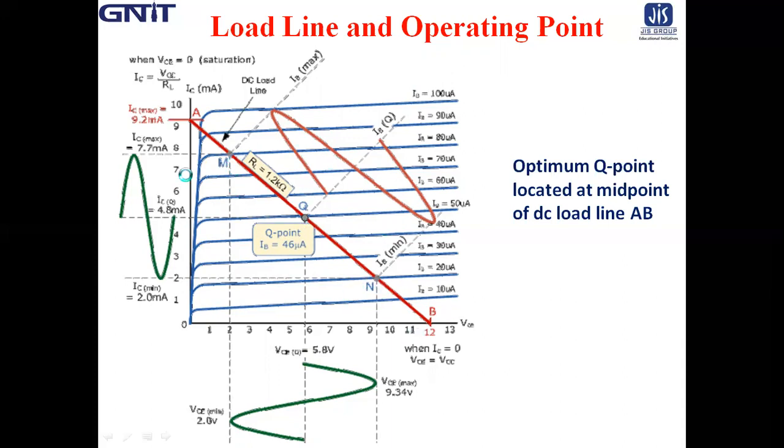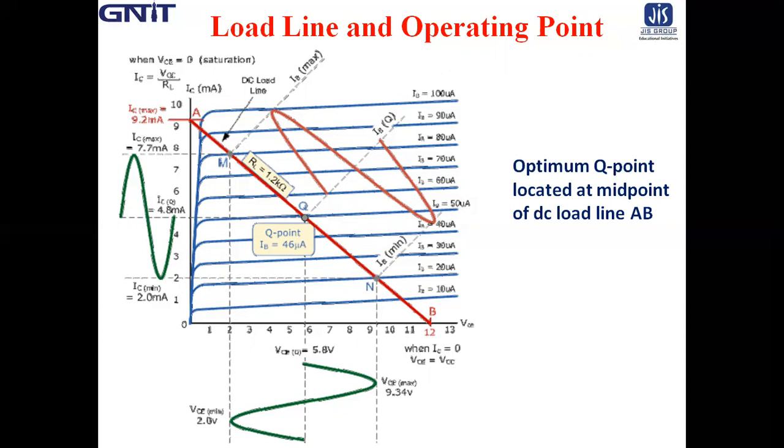So these Q points are represented here as three Q points: M, Q, and N, for different values of base current.